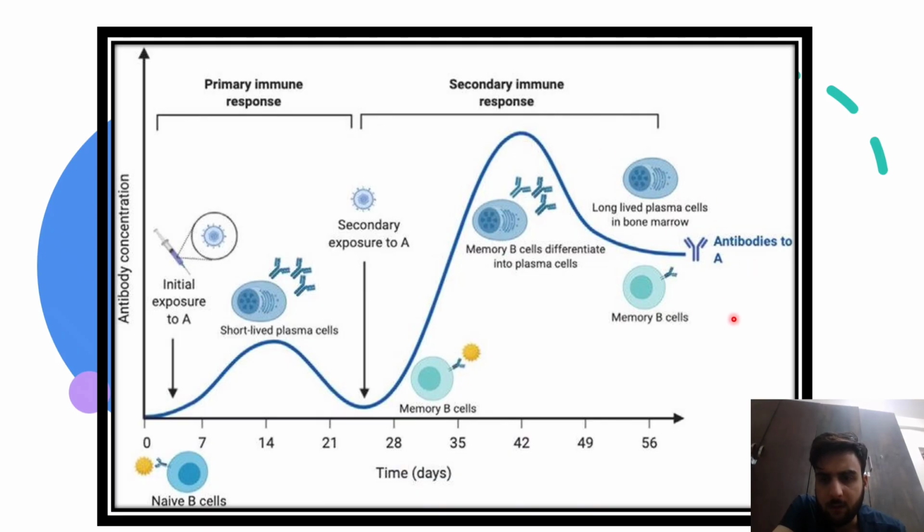And so we will have a higher response to that particular pathogen. This is the immediate effect that comes through the secondary immune response, where we already have the memory B cells that will respond to that particular pathogen.